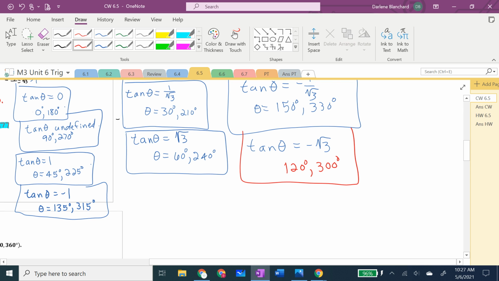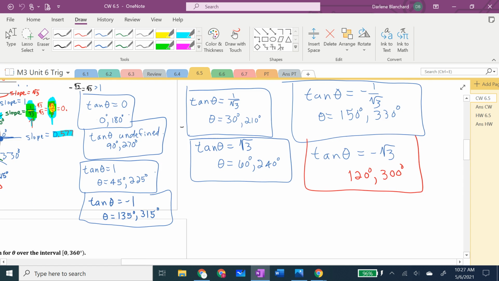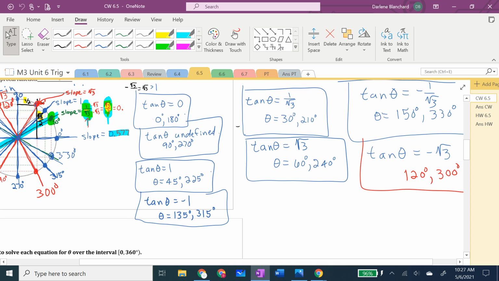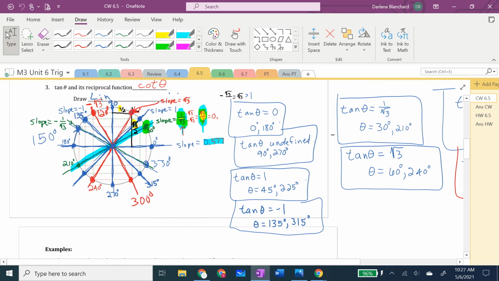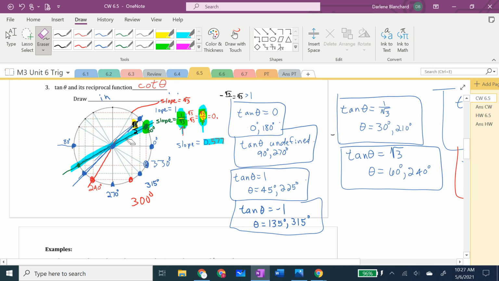Now, cotangent is tangent's reciprocal. And I want to be careful about saying too much at once. So here's what I'm going to do. I'm going to erase all this.